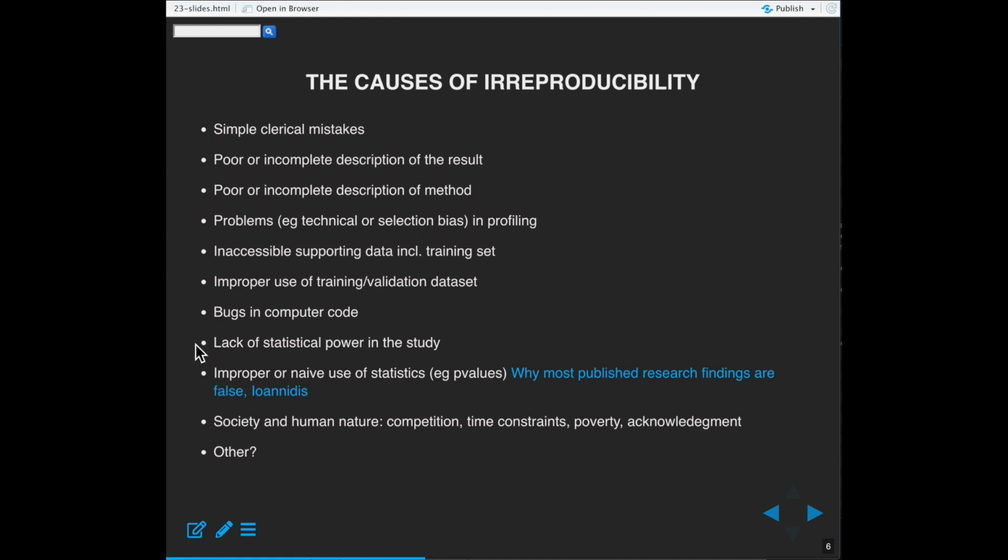Makes sense, I think. There are also improper or naive use of statistics or interpretations of p-values. In this course, I took the focus away from statistics because of the varying backgrounds here.